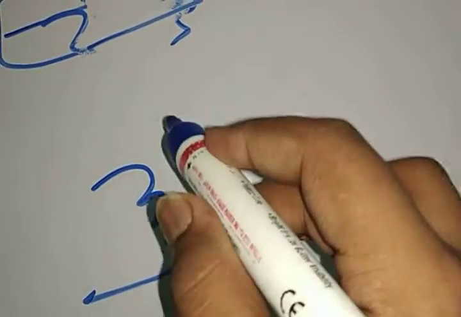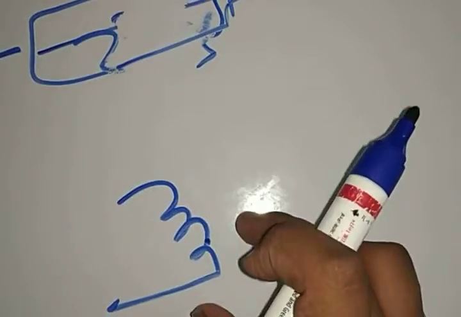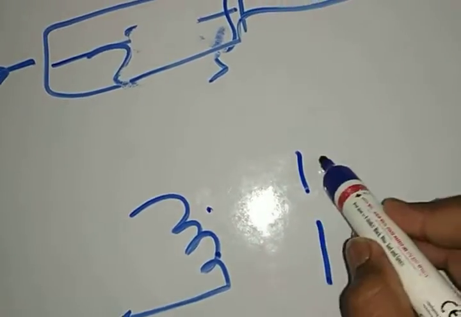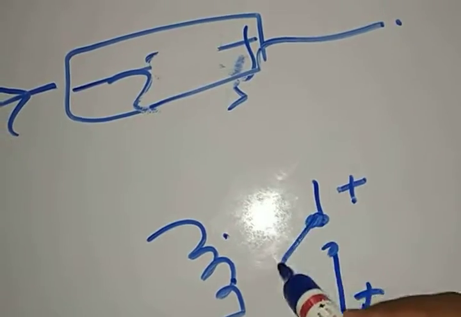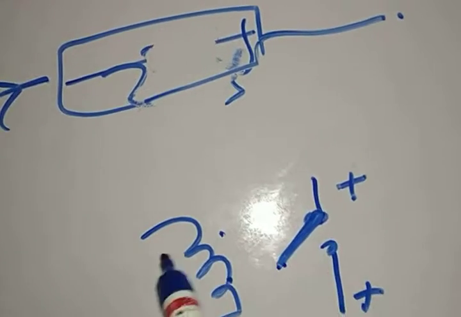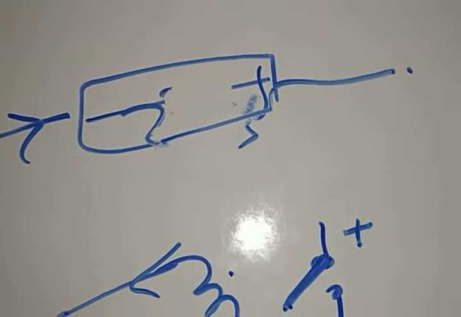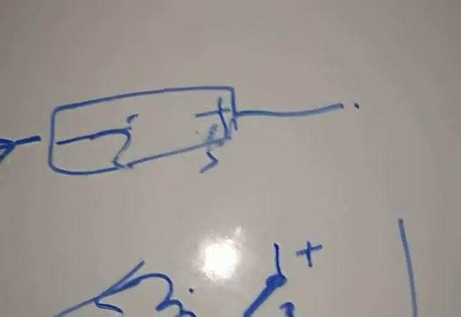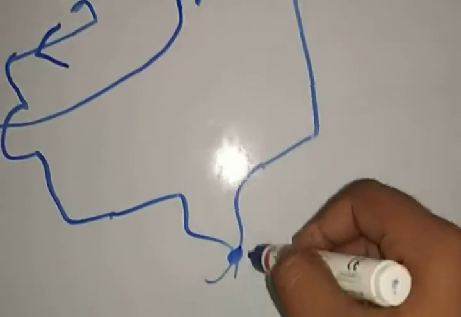As large current flows, large magnetism appears, and due to the high magnetic property it will open the circuit. Let this be plus, and there is a gap, and there is a pin-like switch. Let this be neutral, and let there be a short circuit as they have touched here.